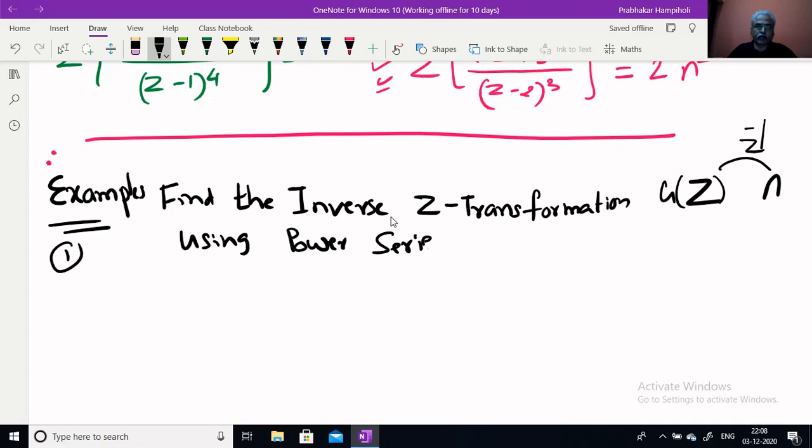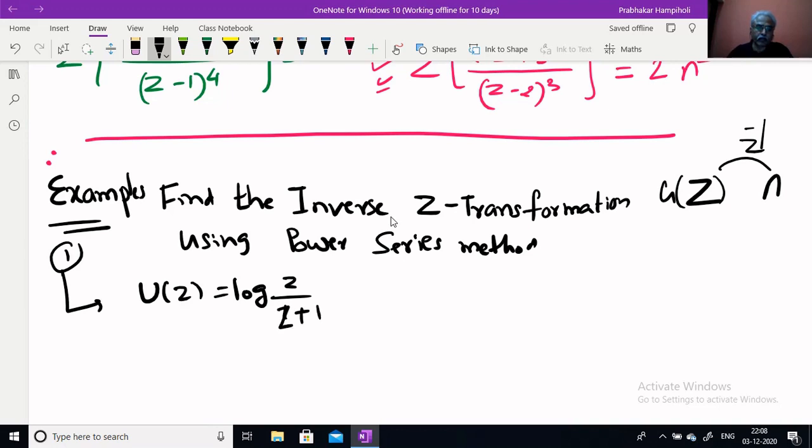One more method is the partial fraction method. The first example is, we are asked to find, if u of z equals log of z by z plus 1, what is the corresponding n function for this?